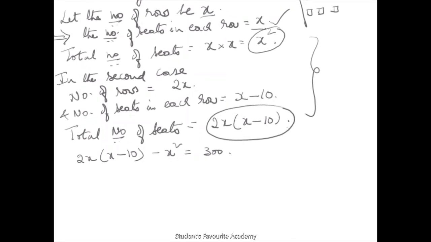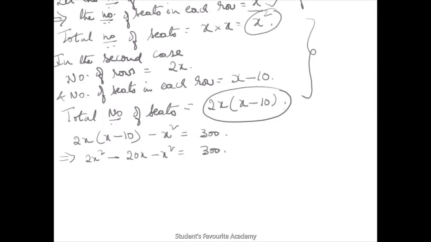So now this implies 2x into x is 2x square, minus 2x into 10, that is 20x, minus x square is equal to 300. So this implies 2x square minus x square, so x square minus 20x minus 300 is equal to 0, right?